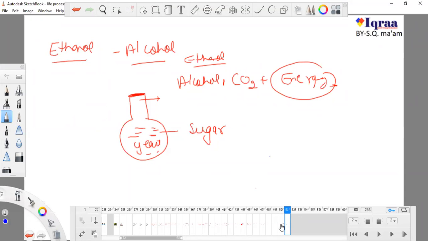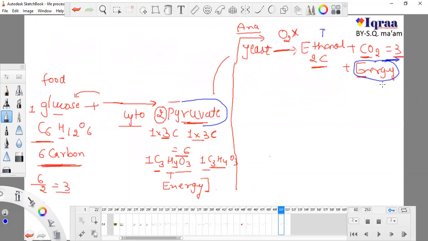But the main purpose of yeast is to make energy for itself. Yeast has nothing to do with ethanol, CO2 and pyruvate. Yeast never does this process to make ethanol for humans or to make carbon dioxide. It just does this to make energy. So remember, each and every type of organism on this planet does the respiration process not to give you anything, but just to get energy for itself.